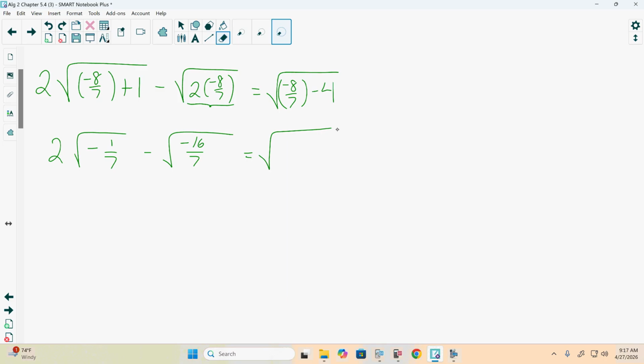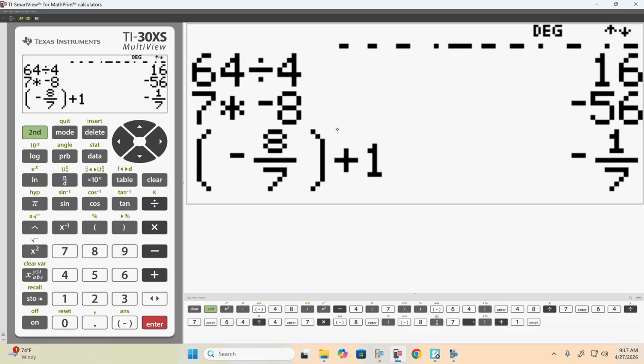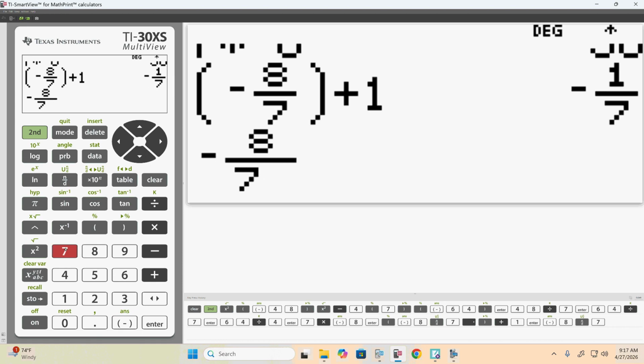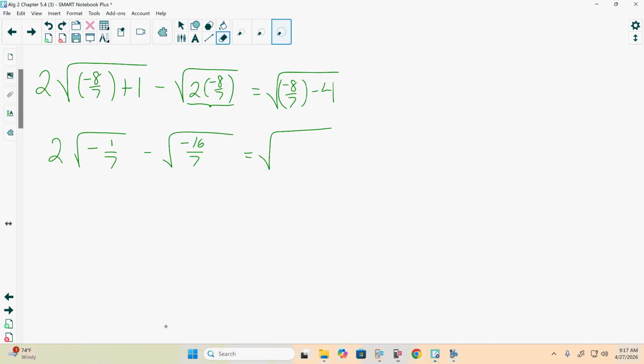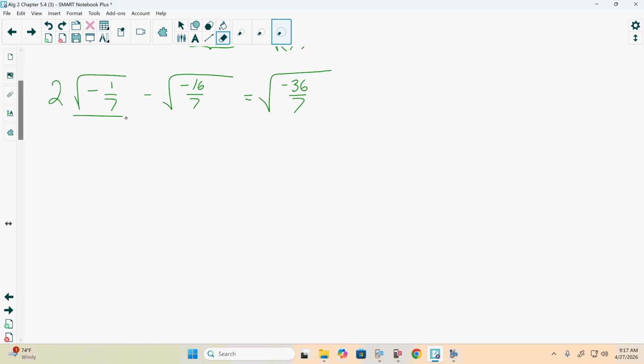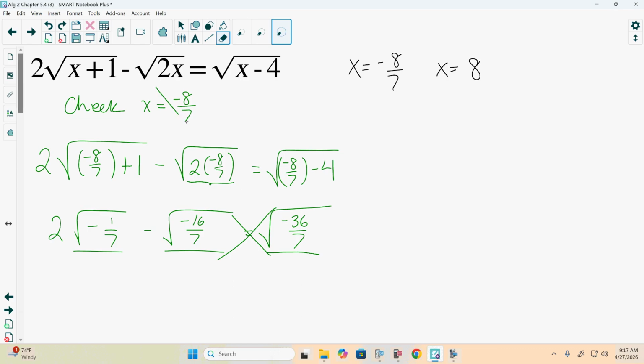On the other side, negative 8 sevenths minus 4 is going to be a little bit bigger number. It's negative 36 sevenths. And now at this point we need to evaluate these radicals, but because we're taking the square root of a negative number, we do not have a real number, so this is not going to work.